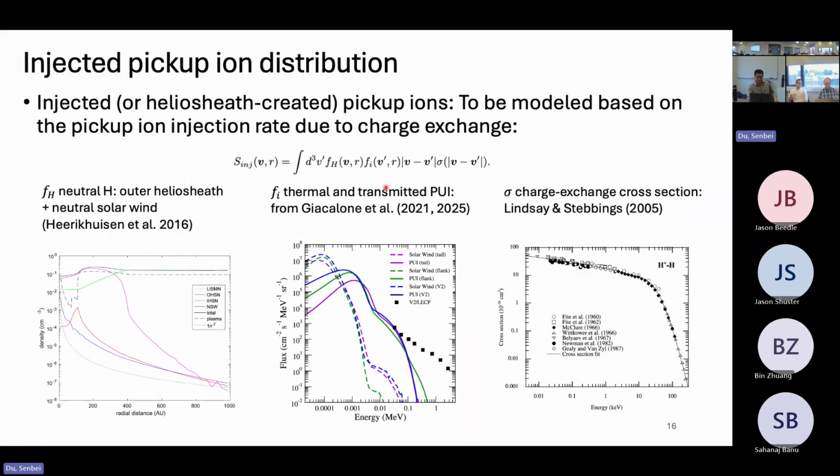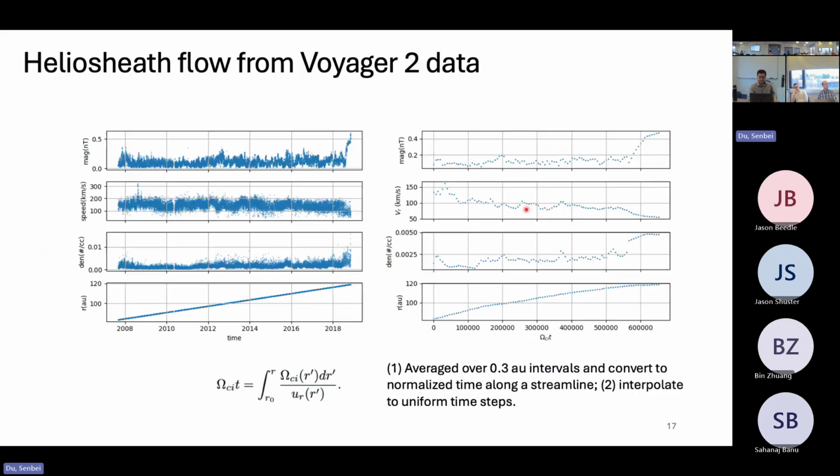The second piece is the ion distribution, in particular the thermal and transmitted pickup ions, which we know from Voyager data and also the previous shock simulations. The third piece is the charge exchange cross-section, which we can get from the literature. By doing that, we can model the injected pickup ion distribution.